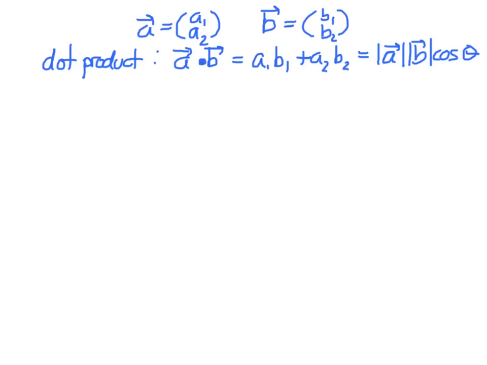Let's take a look at a few more things concerning the dot product. Again, we have vector A in component form and vector B in component form, and we have two valid expressions for the dot product. First of all, this middle expression here is known as the algebraic form of the dot product, because if we know the components of vector A and the components of vector B, we can simply use algebra to calculate the dot product.